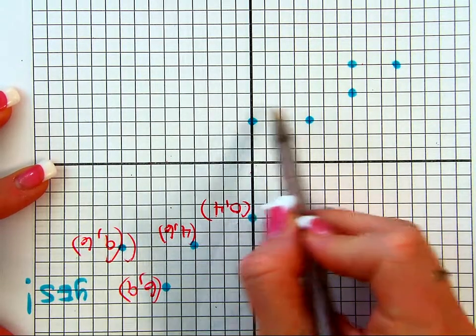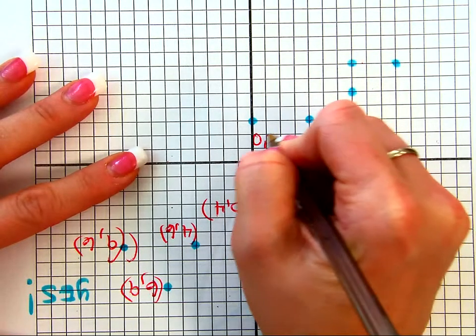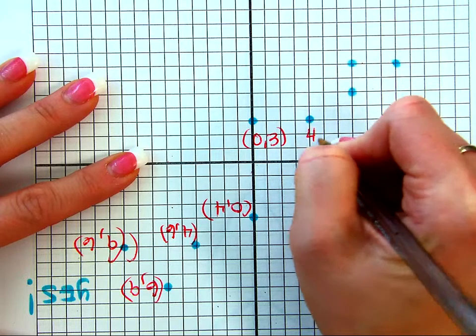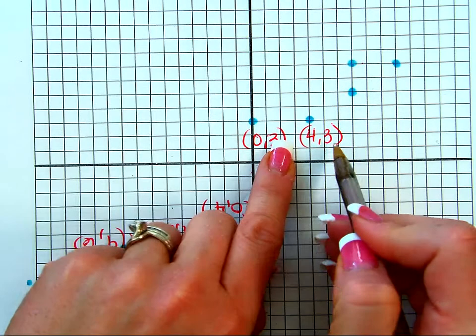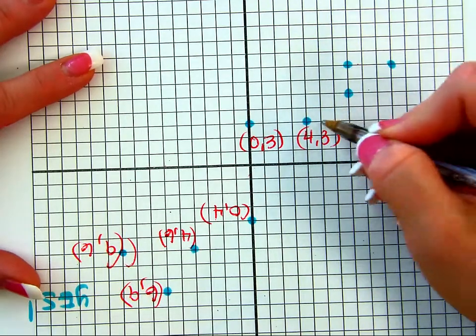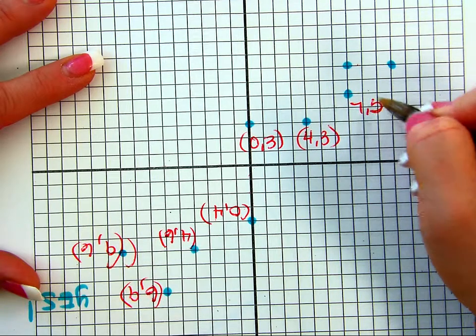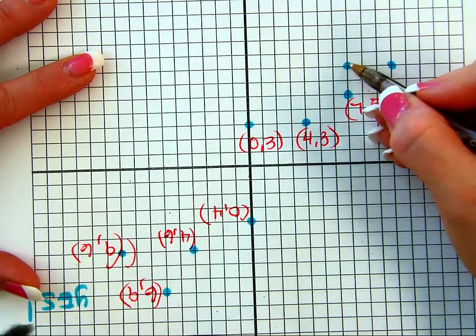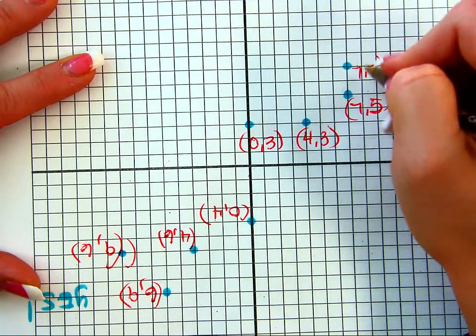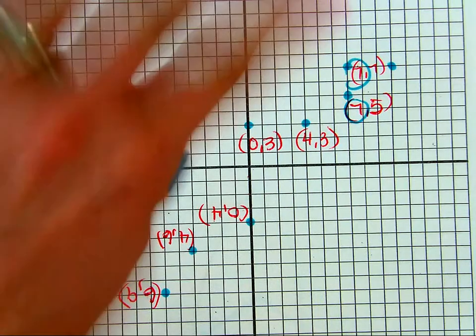Which 2 do you think means all bets are off, Autumn? The ones that are going up and down. Here's why. Because the name of this point is 0, 3, and the name of this point is 4, 3, which means both of the y's are the same, which is okay. But when she looked here, this was 7, comma, 7. So guess what? You have 2 7s, which is not okay. It's still a relation. It's just not a function.